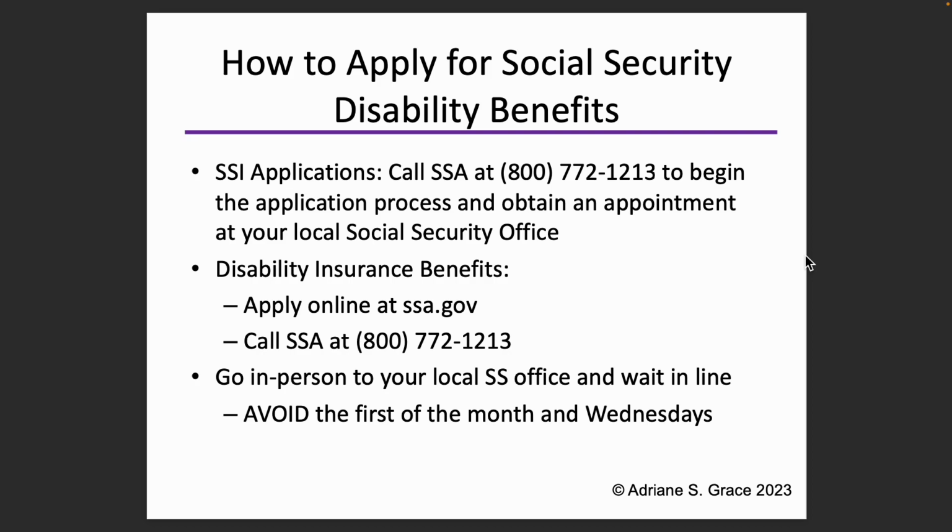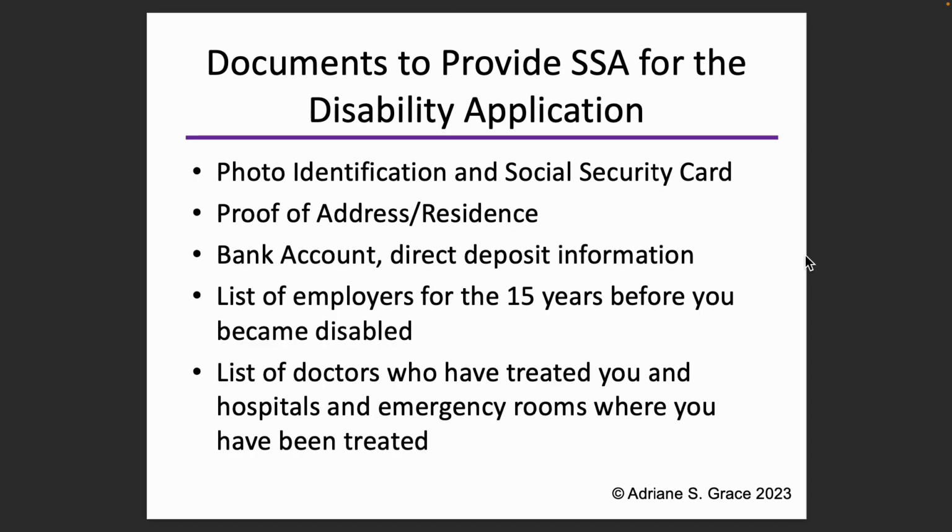Thank you. Okay, so let's talk about how you prepare for this application. What else are you going to have to tell Social Security, other than that your child doesn't have any income or resources? You're going to have to give proof of residence, where they live, because again, they want to match you to the proper field office. They will ask for bank account or direct deposit information.